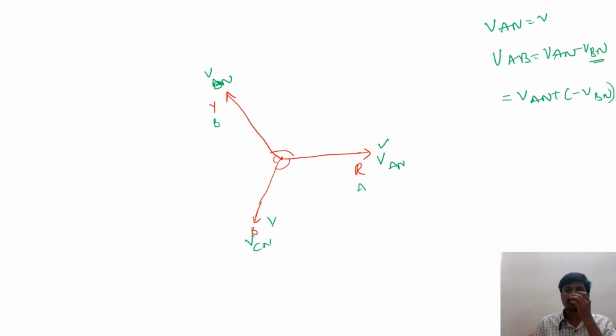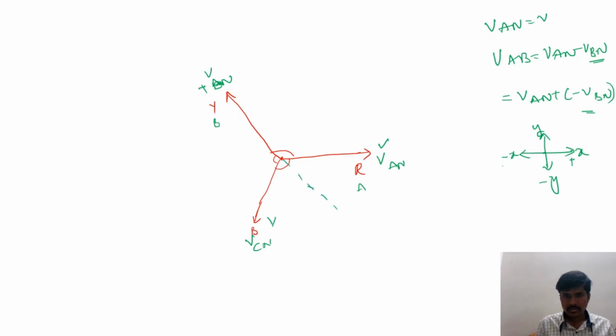So how to get minus VBN? In the four quadrants, you can take x and minus x, y and minus y. This is positive x, this is negative x. So if this is positive, this is going to be negative. Correct or not?